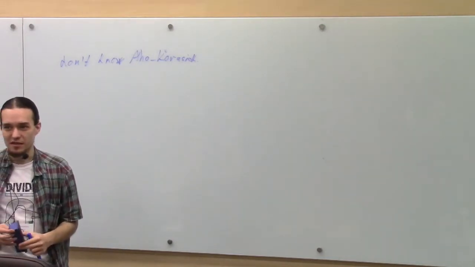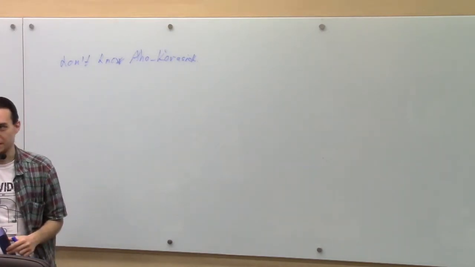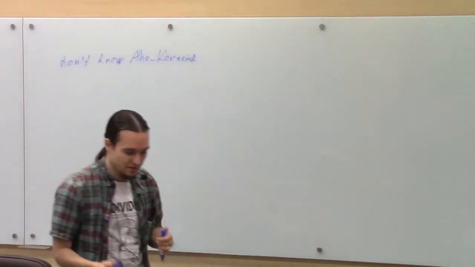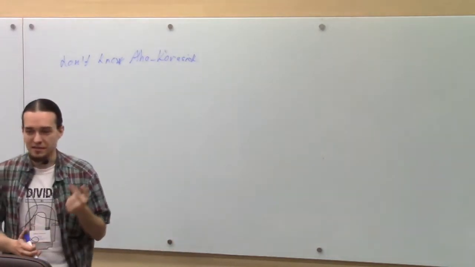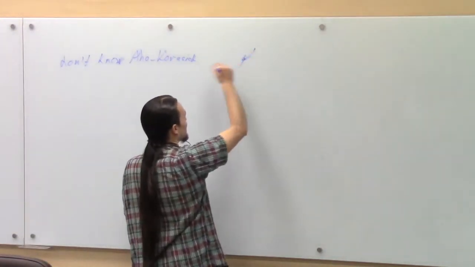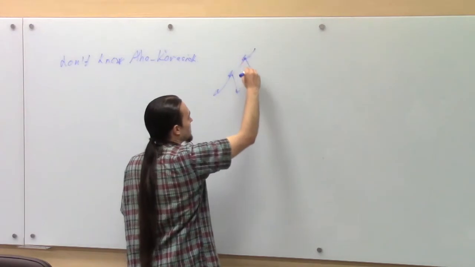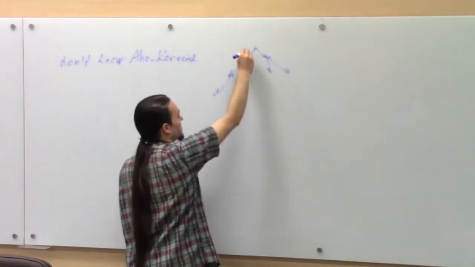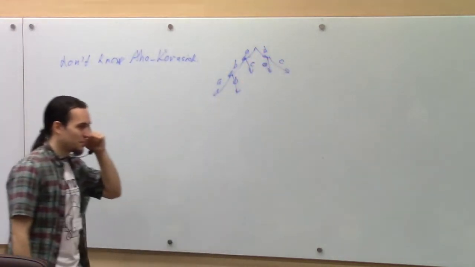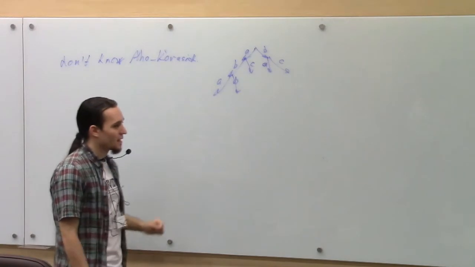So if you have a lot of templates and you want to match all of them in a text, what you do is construct a trie on all the templates that you want to look for, and then you process the text letter by letter.